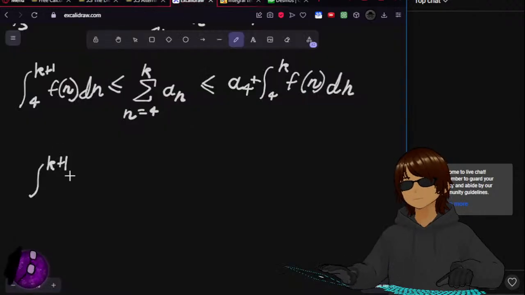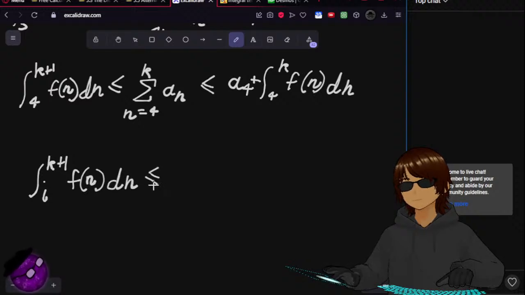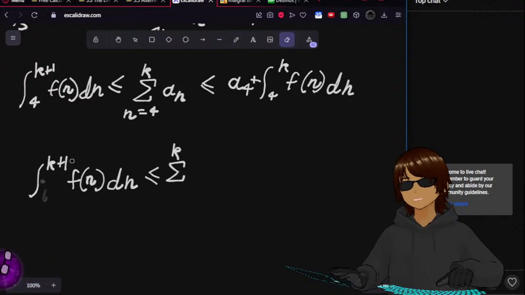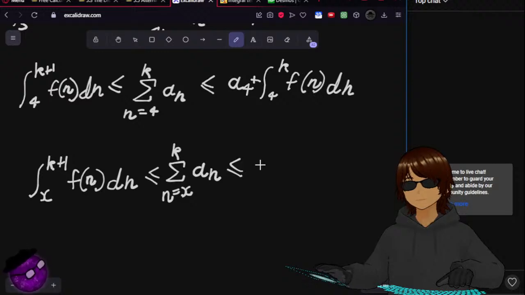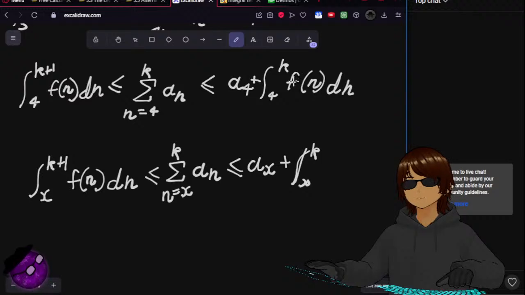Let's say the starting number is I. Or let's say the starting number is X. The assumption is that f is continuously decreasing and it is equal to every value of a after a certain point, such that this works.